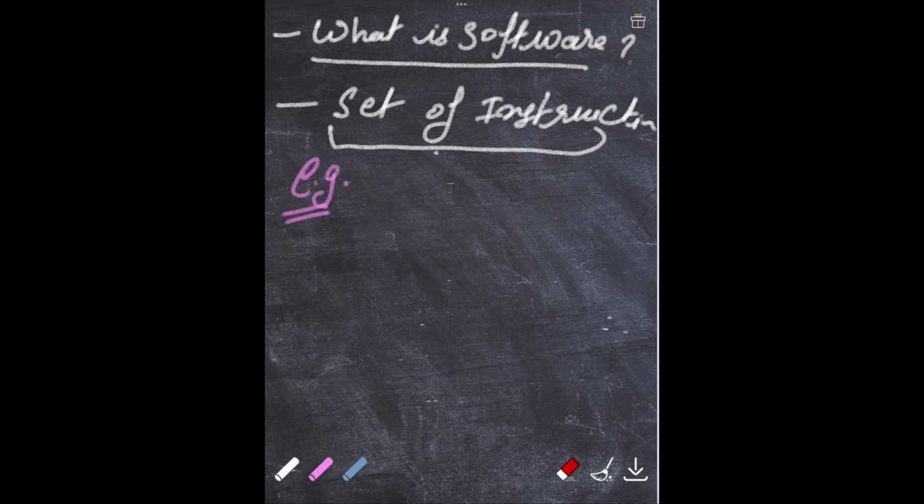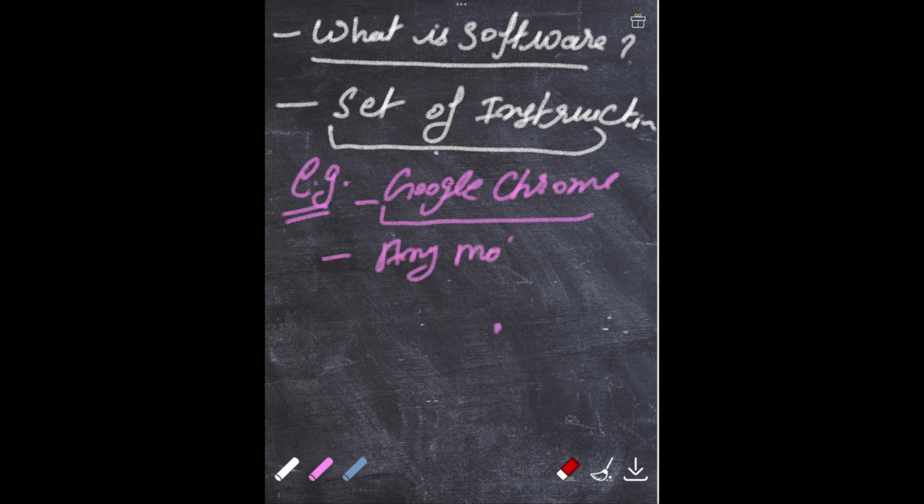So what is an example of software? Google Chrome. We use Google Chrome in almost every system as a web browser, so it is software. Or you can say any Facebook app, or any mobile app, is software. Word and Excel are also software.